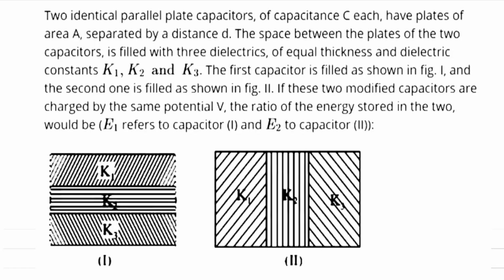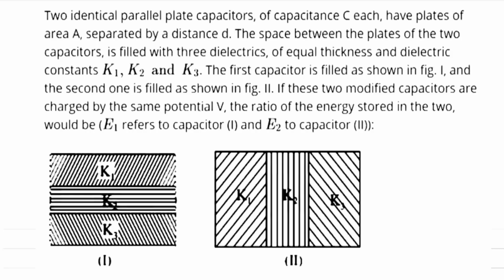They said that they have the same potential V, and we have to find the ratio of energy stored, E1 by E2, where E1 is the energy related to capacitor 1 and E2 is related to capacitor 2. So this is the first figure.